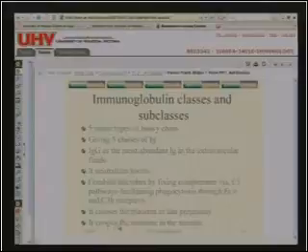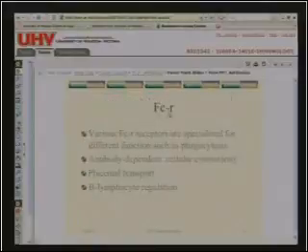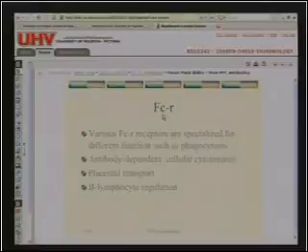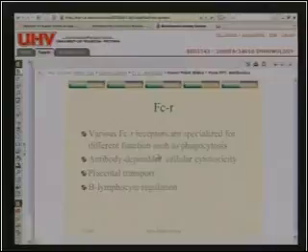The next one is the FcR, otherwise called the fragment constant region. The receptors are specialized for different functions such as phagocytosis. If we activate the Fc region, that activates phagocytosis. As I mentioned before, the receptors are present in the phagocytes.